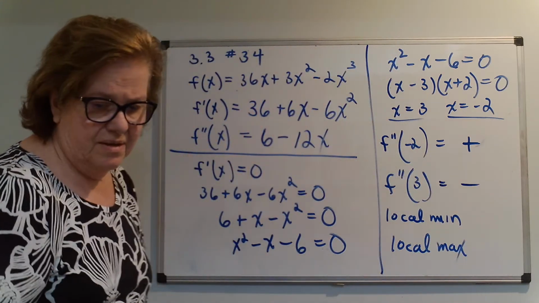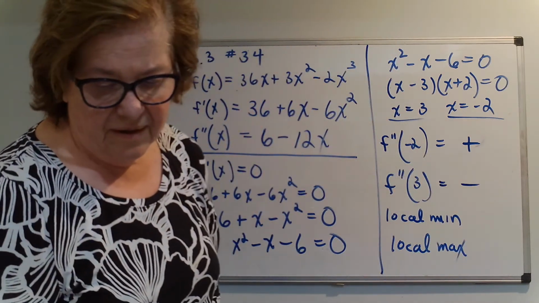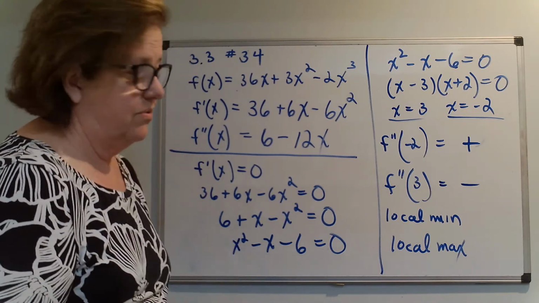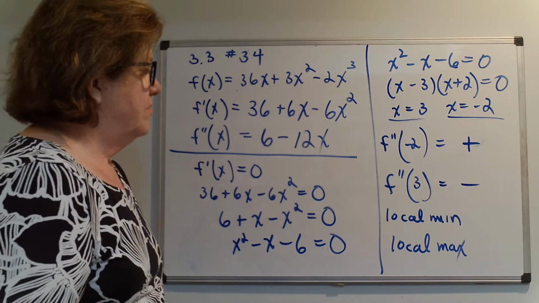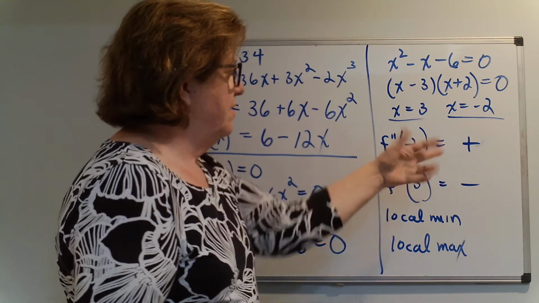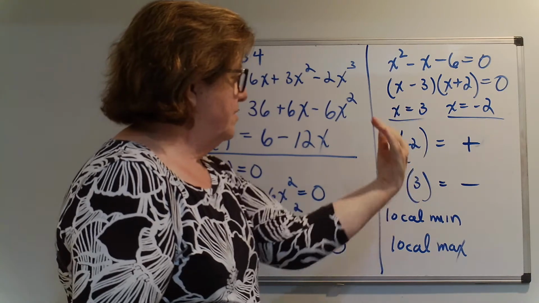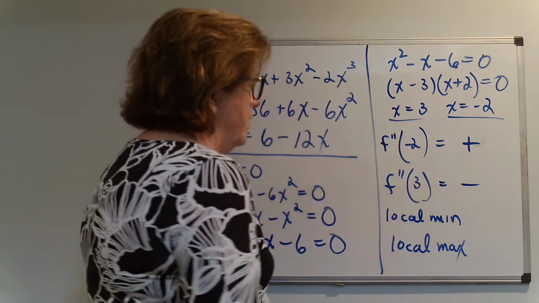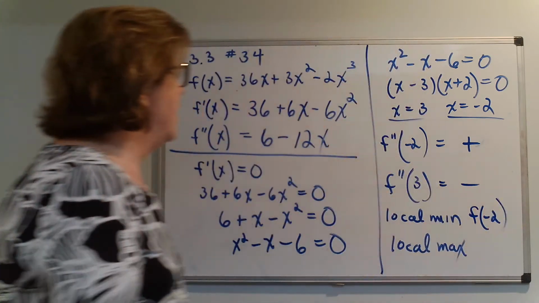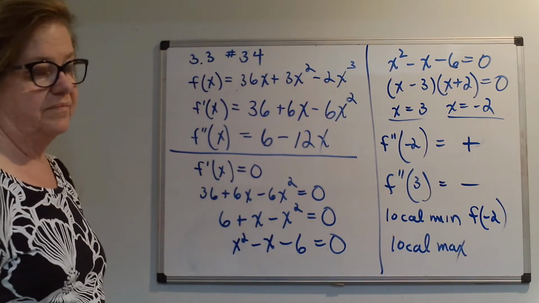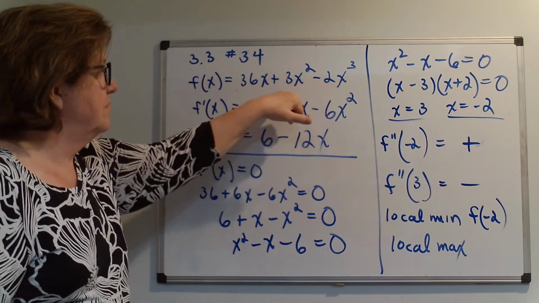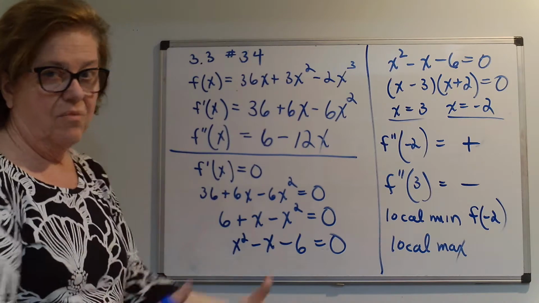Now they say find the local maximum and minimum values. We determined that at -2, the function's concave up, so that's got to be a minimum. So the value that we're after is the function value at -2. You would put a -2 into this function and get out a y.